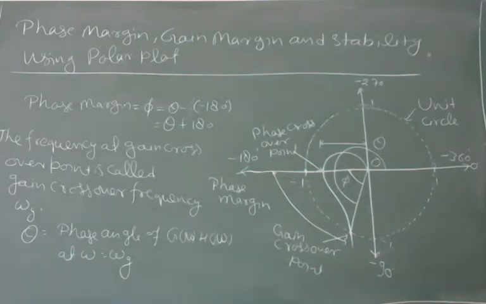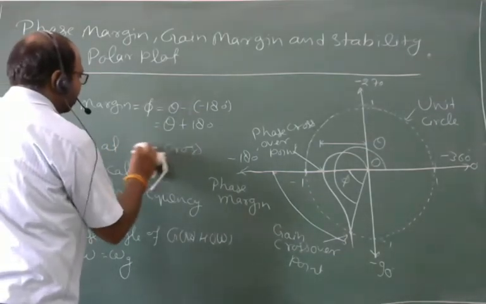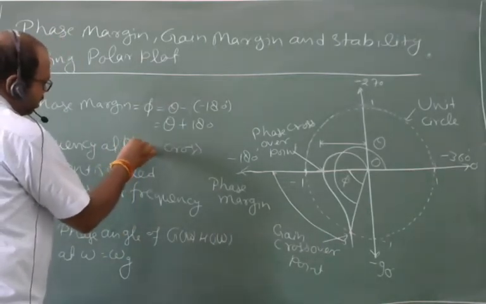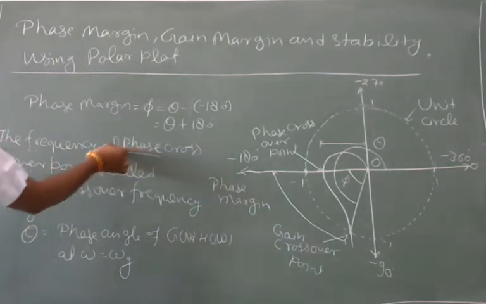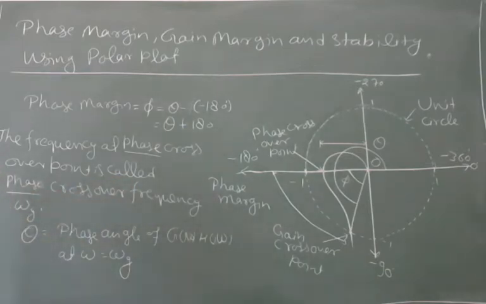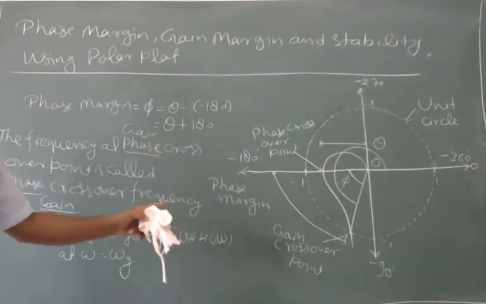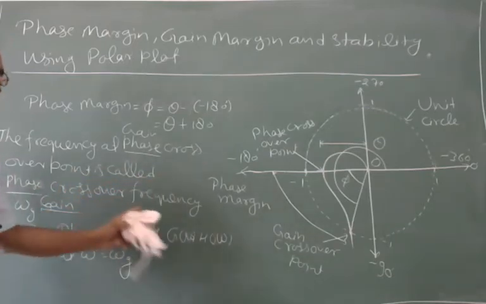So the frequency at phase crossover point is called phase crossover frequency, and the frequency at gain crossover point is called gain crossover frequency.